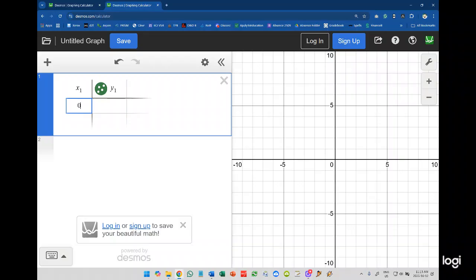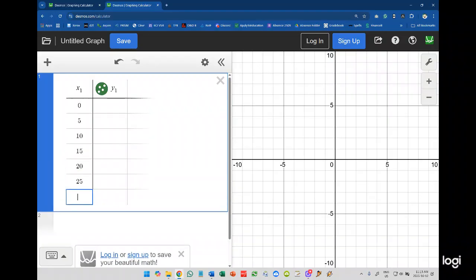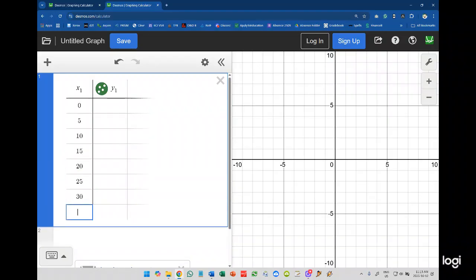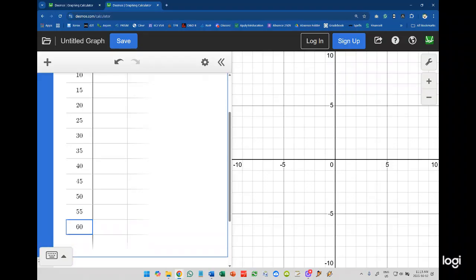And the question does ask us to do 3 full rotations. So I'm going to do 5, 10, 15, 20, 25, 30, 35, 40, 45, 50, 55, and 60.